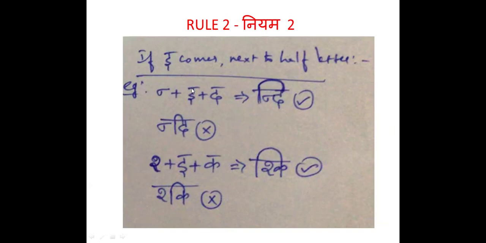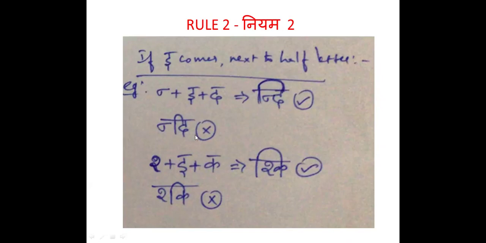You should not write the full E if it comes next to the half letter. You have to write a cut short form of this E like this. This format is wrong. You should not write like this. You should write like this. This is the correct format.